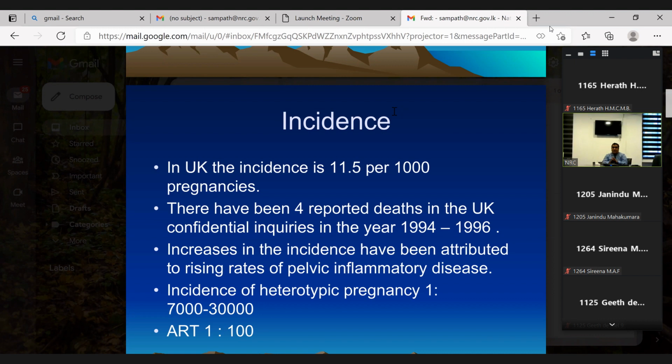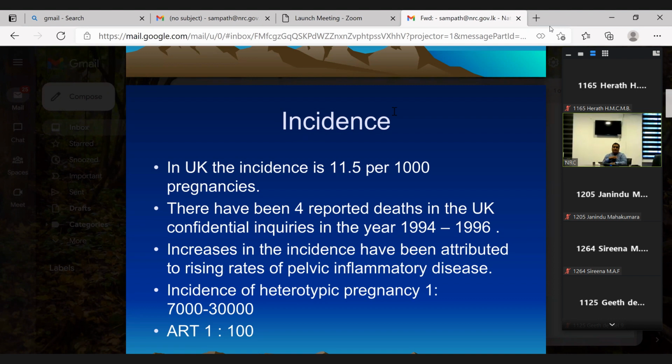Nowadays it's available, but you must also have very good clinical sense. If a woman comes with abdominal pain to your casualty, whether you are in surgical or medical, except pediatrics, think of ectopic pregnancy. That is my take-home message for you today.